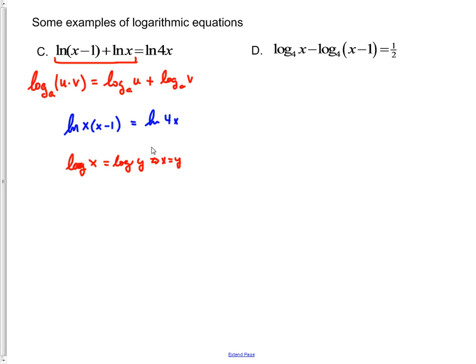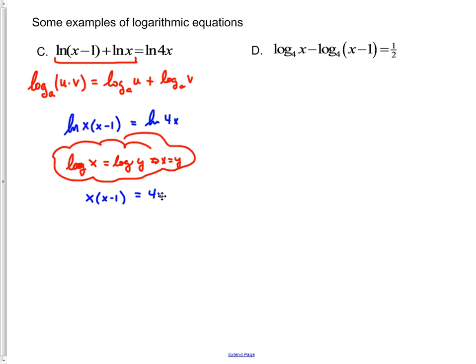So we're going to use that property to help us isolate x in the equation above. So if the natural log of the quantity x times x minus 1 is equal to the natural log of 4x, then it must be that x times x minus 1 is equal to 4x.